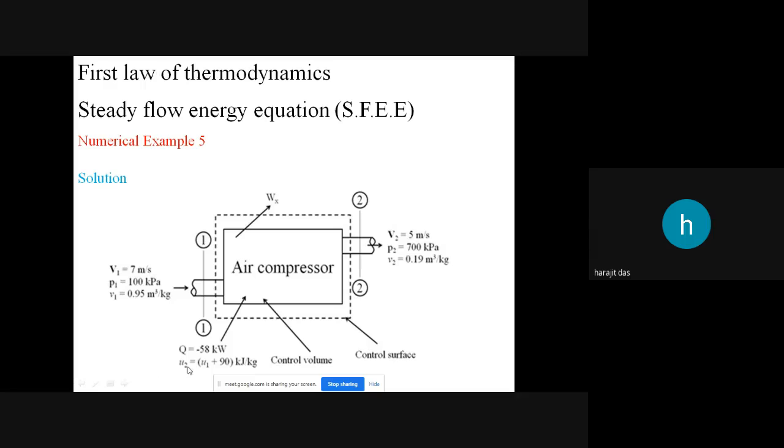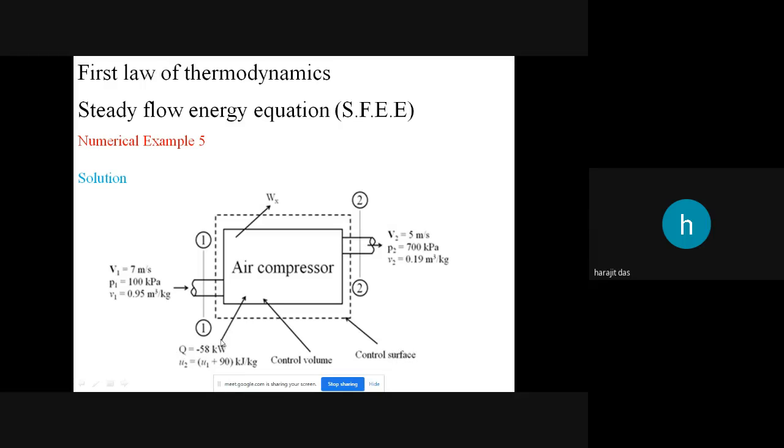And here it is said that U2 is U1 plus 90 kilojoule per kg. And Q is what? Because it is absorbing heat, as I told you in the question, it is taken as minus 58 kilowatt.